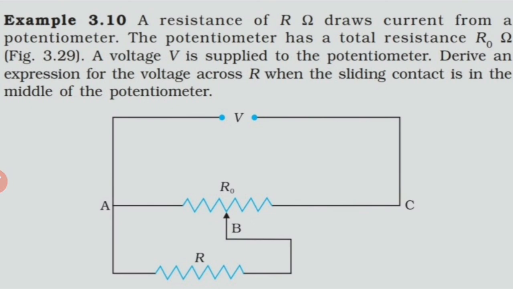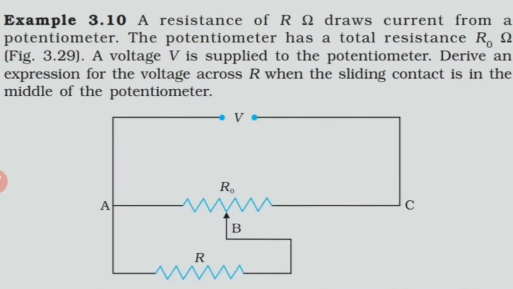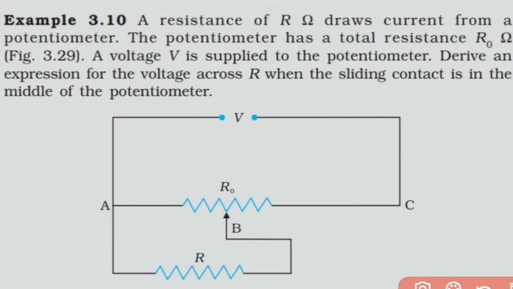That means resistance between A and B and resistance between B and C. So what is the resistance between A and B? That is R1. Then what is resistance between B and C? Between B and C, the resistance is R0 by 2. So R1 plus R0 by 2 is the total resistance between A and C.